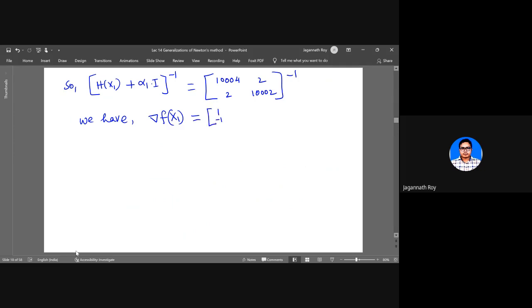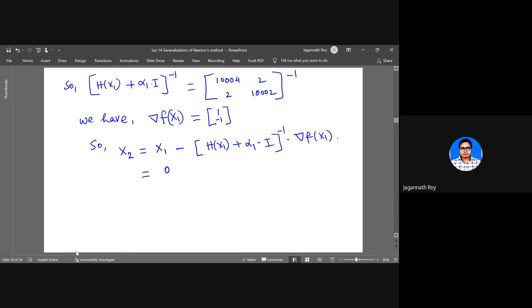So x2 will be x1 minus this one, H of x1 plus alpha 1 into I, inverse, into this gradient of f at x1.